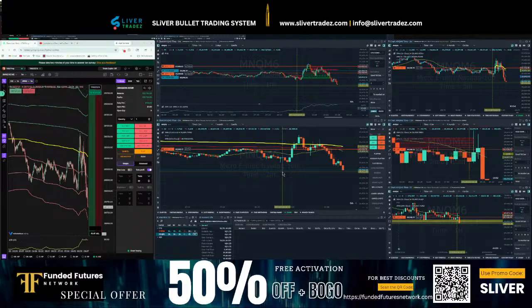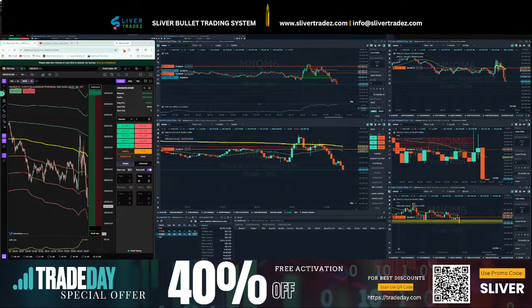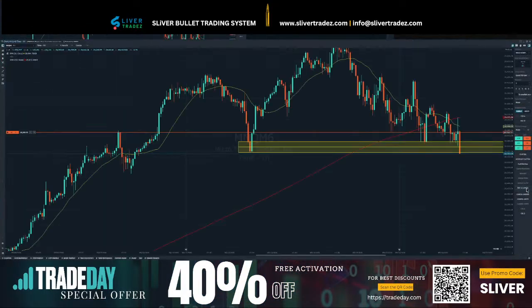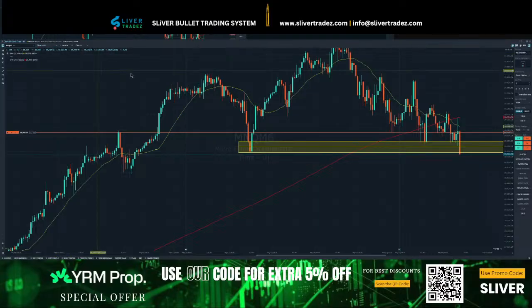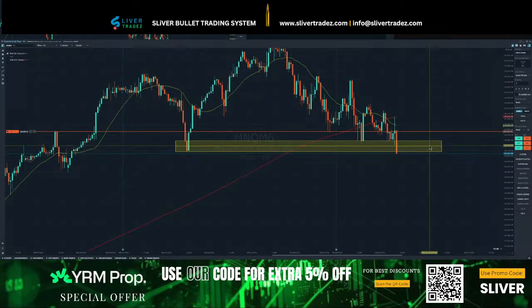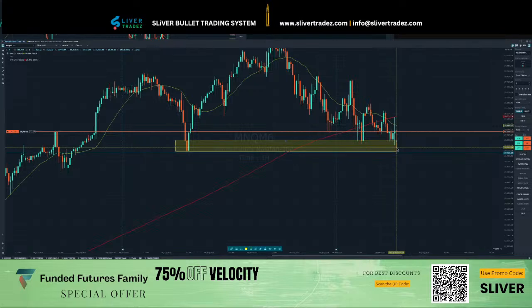Yeah, market is liquidating. What I had expected. Now it has crossed this low here. So this order block is not valid anymore.